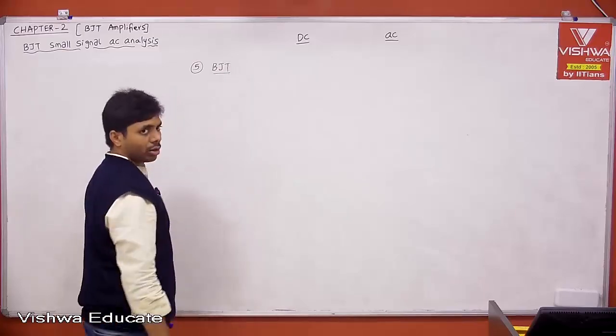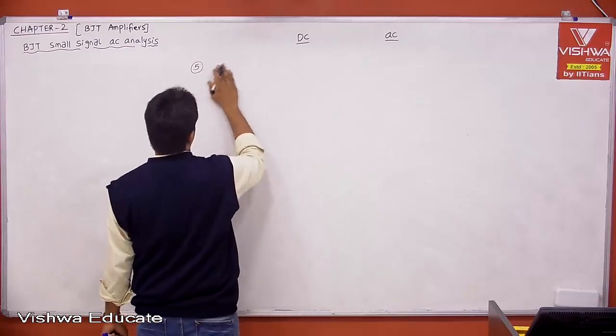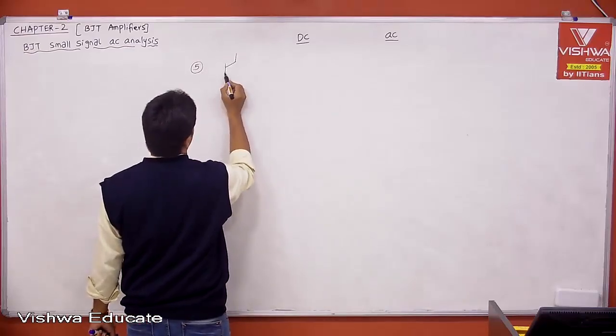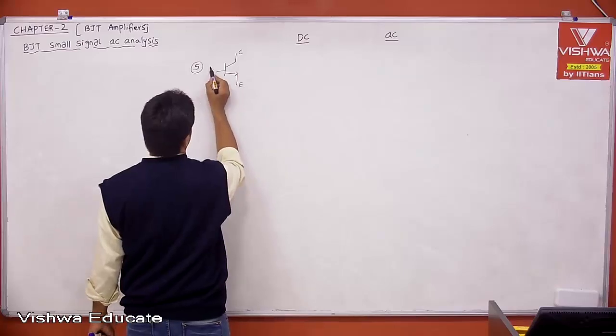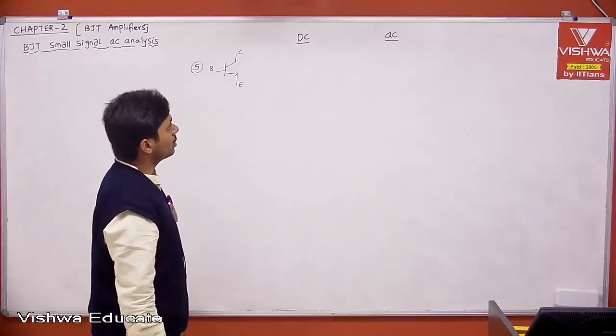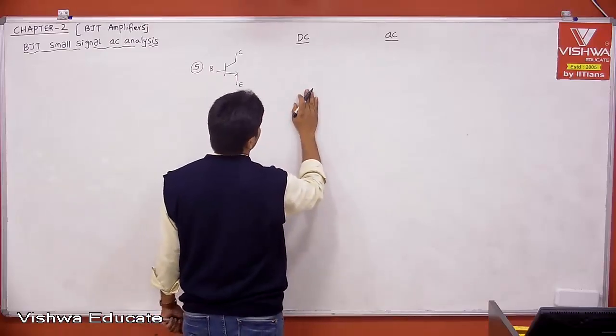Let us take only the ideal model, that is enough because this is bigger. The BJT is nothing but the symbol. This is collector, emitter, base. Now what is this? This is what we are representing with a current source. Therefore, what is that current source?